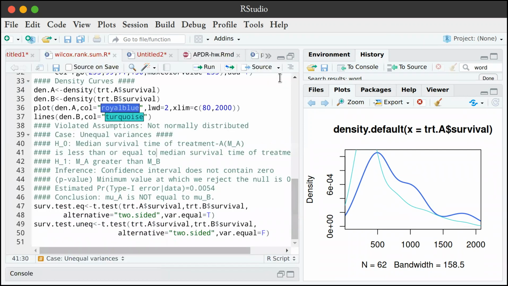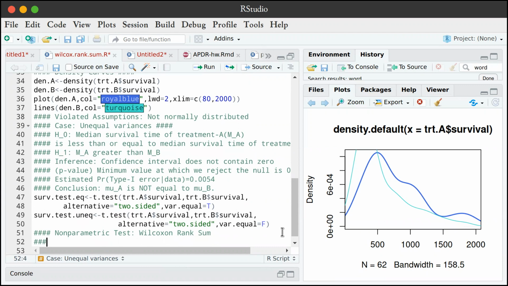But since we violated the assumptions, we are going to do a non-parametric test.